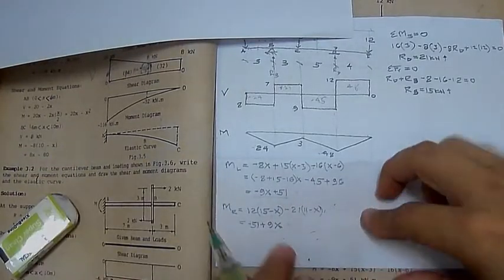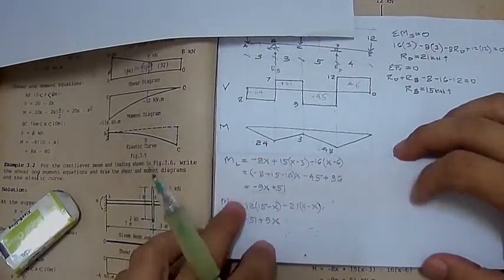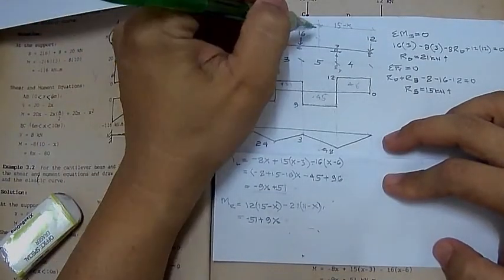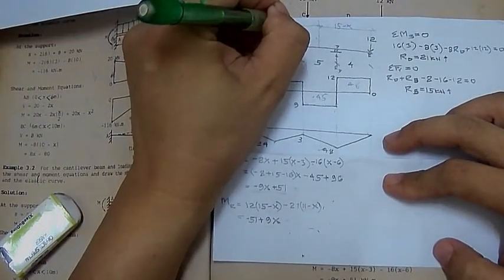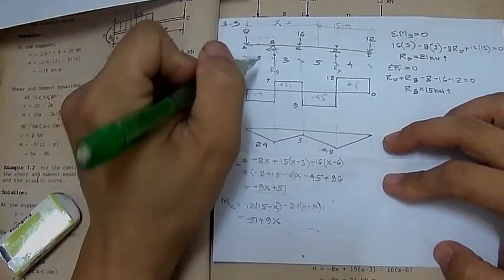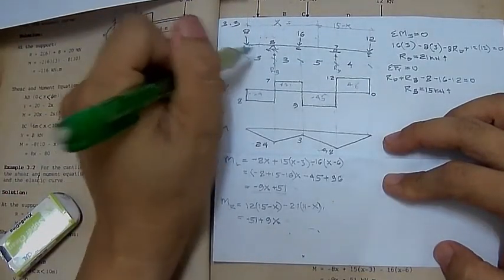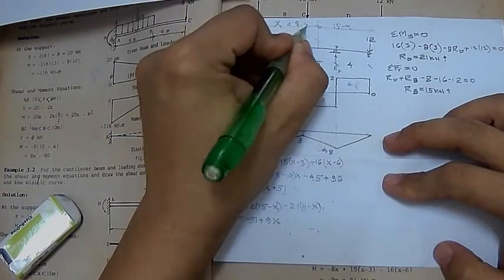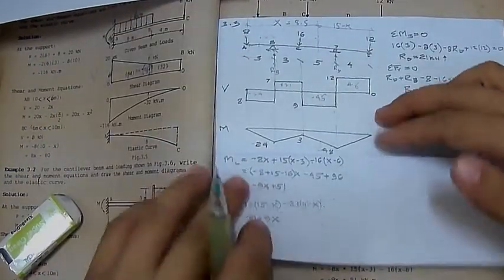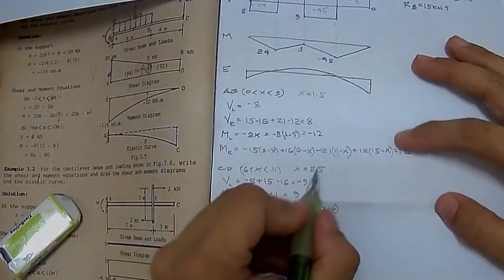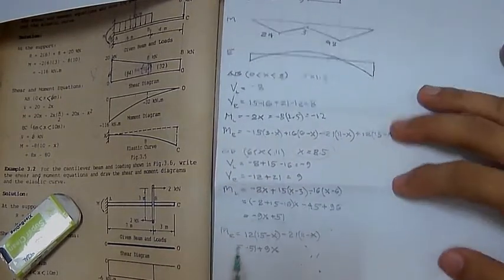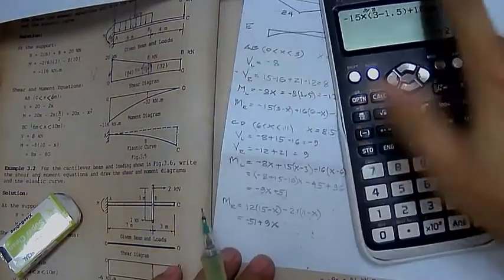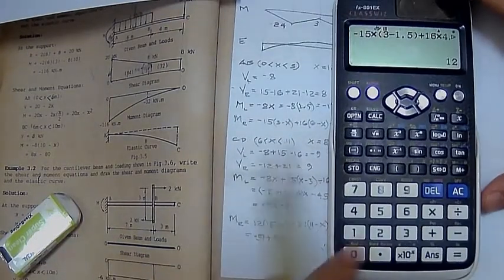Next, let us substitute, maglagay tayo ngayon ng value ng x. Let's say, x is equal to 8.5. Nasa gitna lang ito. So, gamit tayo ng 8.5 na x. Okay? So, you simply substitute dito.